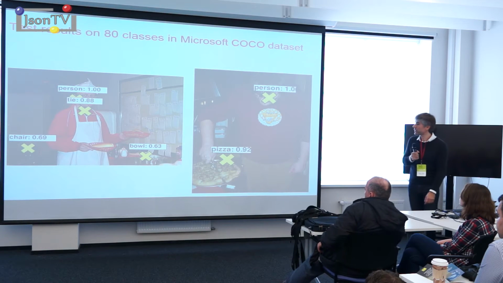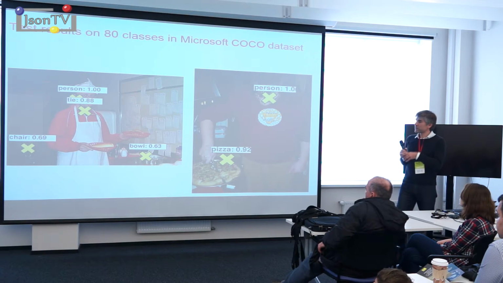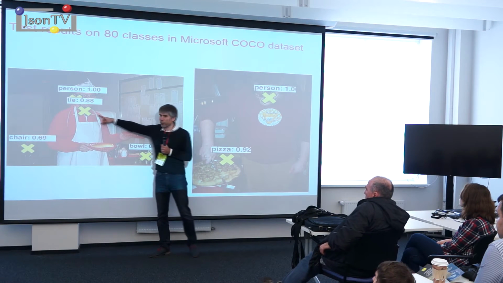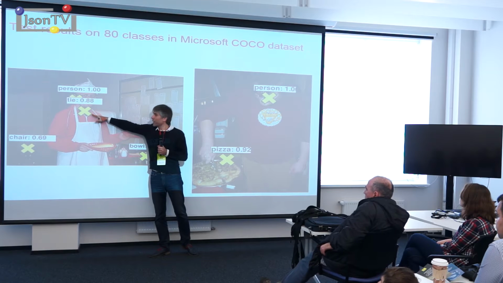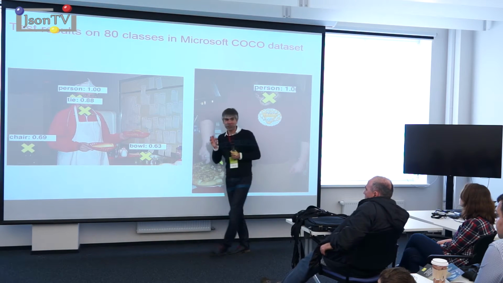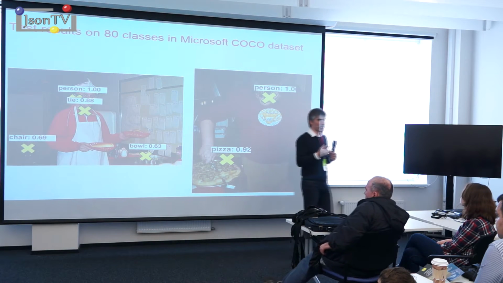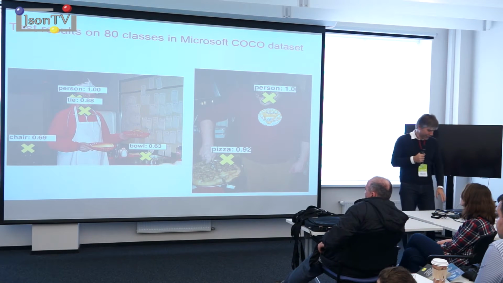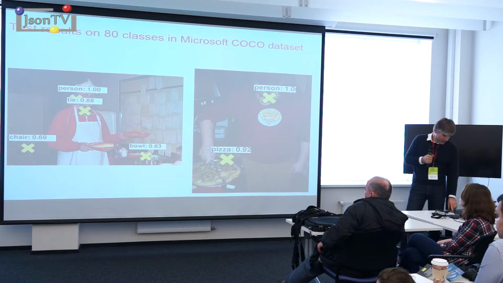Here are more examples, and again, this is an interesting mistake. You don't see it, but this person actually does not have a tie. The system predicts the tie. What's interesting is that it predicts it in the right place. It doesn't predict the tie somewhere in the sky. It predicts where it would be.